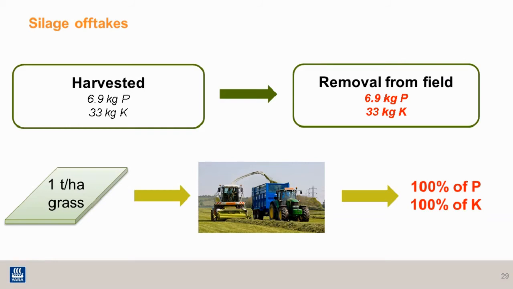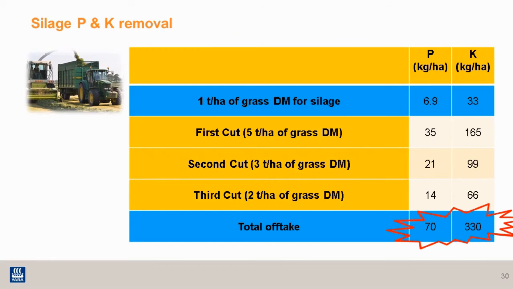If we extrapolate that up to a 3-cut system, and maybe we can disagree over my yields for those individual cuts, you can see the actual offtakes of P and K. They're quite considerable in a 3-cut system, at 70 kgs of phosphate and 330 kgs of potash.